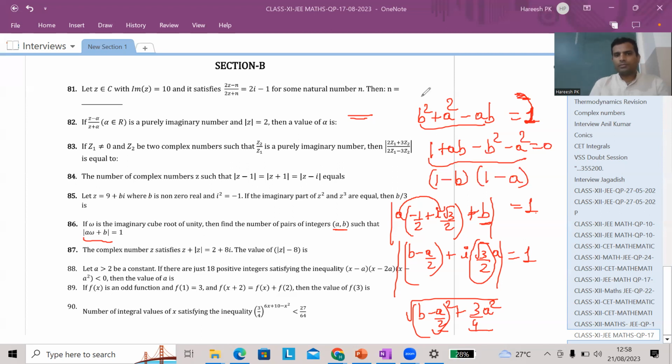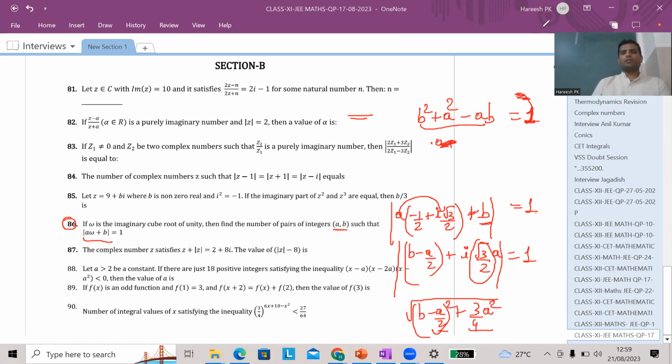Probably we can write this as a plus b. Let me just tell you how to simplify this further. We will maybe look at the next question first.